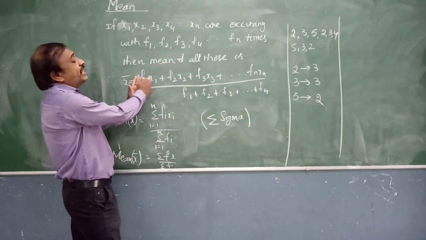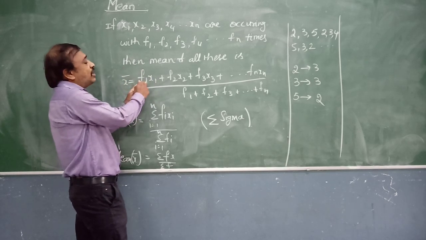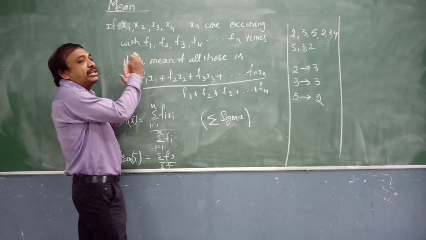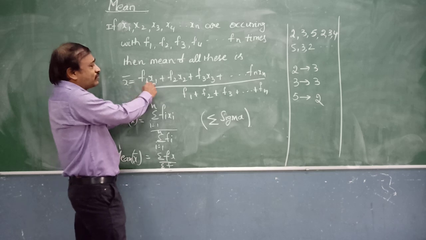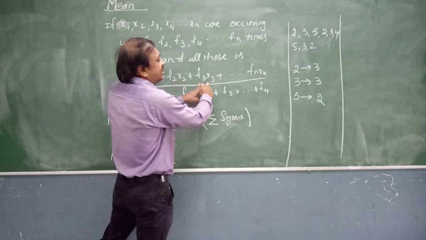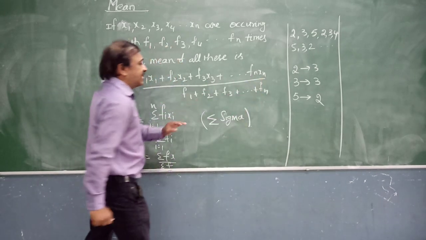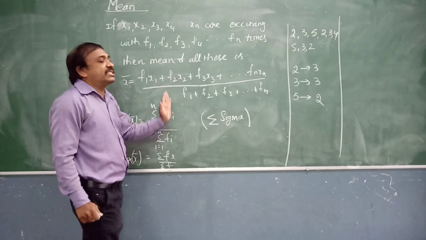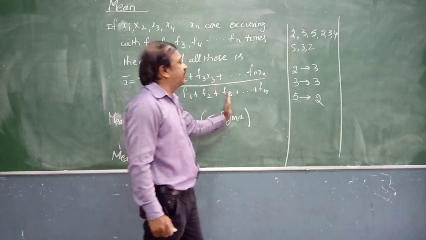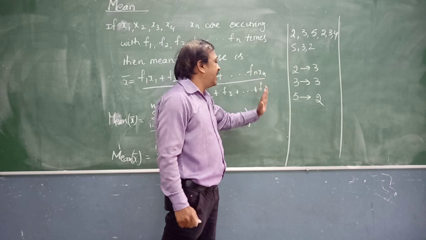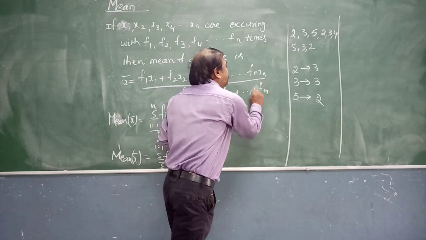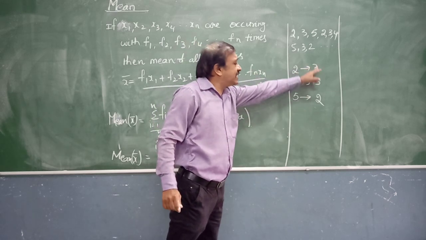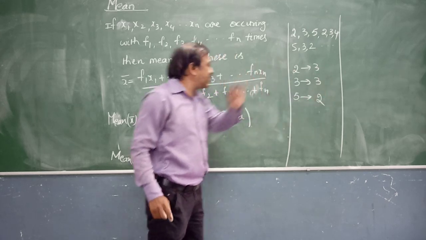Similarly, here f1 x1 means the frequency, how many times that particular observation is repeating. So f1 x1 plus f2 x2 plus f3 x3 and so on fn xn by the total frequency f1 plus f2 plus f3 and so on fn. This fn means the frequency, this many times it is repeated.